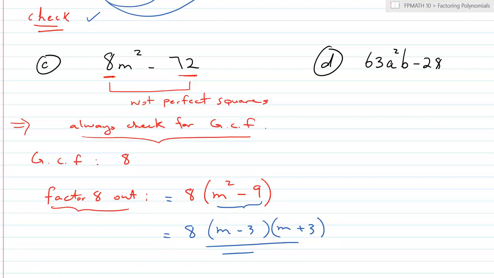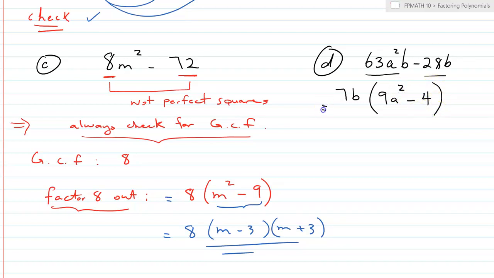Okay, example D, this should say 28b, just to make sure that is correct. All right, same idea again. We check for GCF first, because neither of these are perfect squares. The GCF of both of them is 7b, so take that out, and you will end up with 9a squared minus 4.